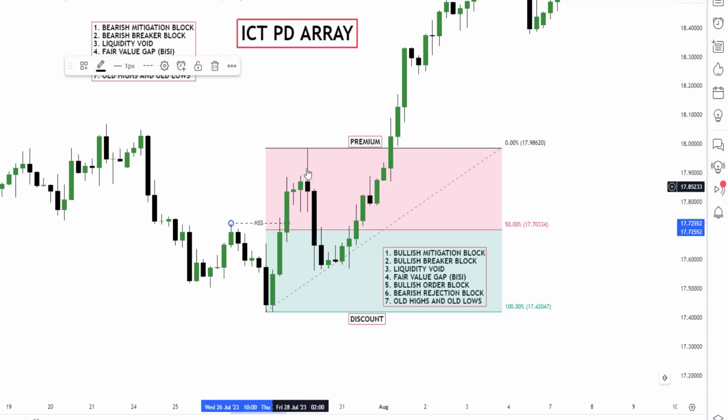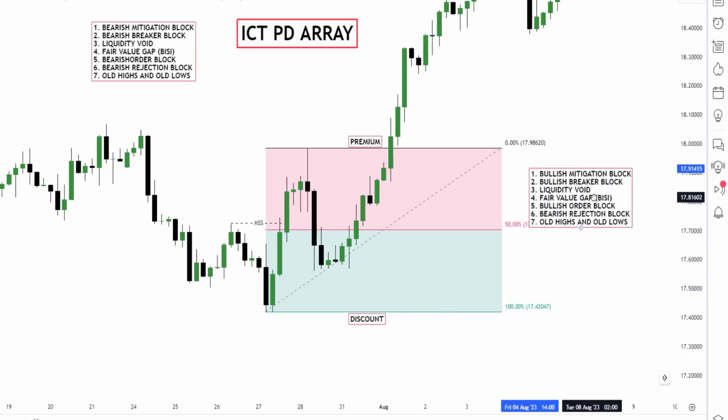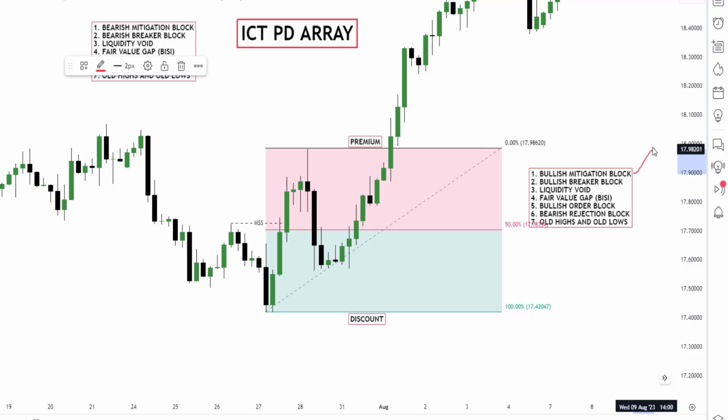As price is coming down, what you look out for is this. First is to look out for a bullish mitigation block. All right, bullish mitigation block. As price is coming into the discount, the moment it reaches your discount, you look out for a bullish mitigation block.